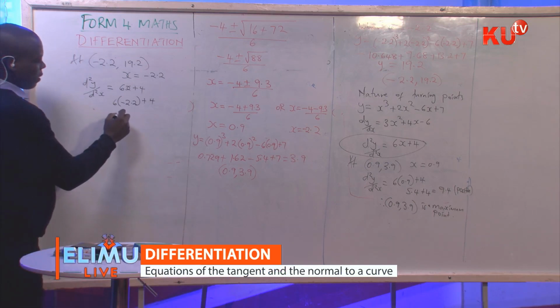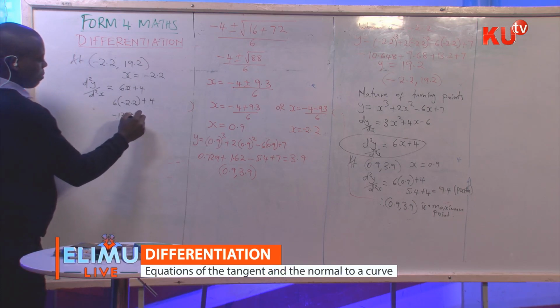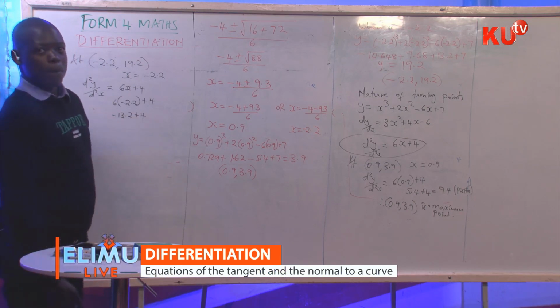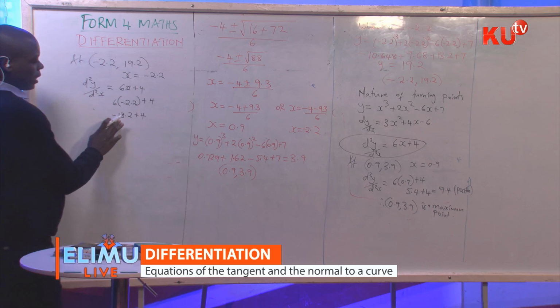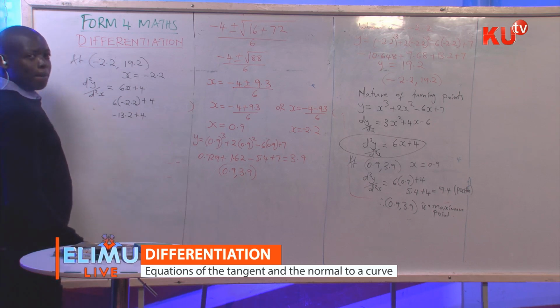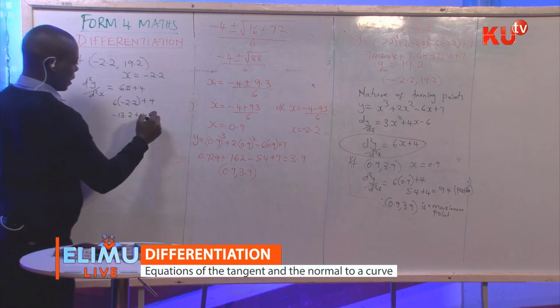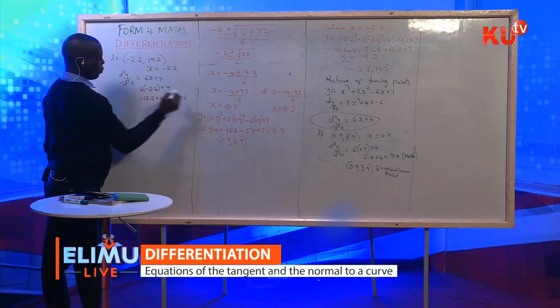You get negative 13.2 plus 4. What is negative 13.2 plus 4? Yes, negative 9.2.